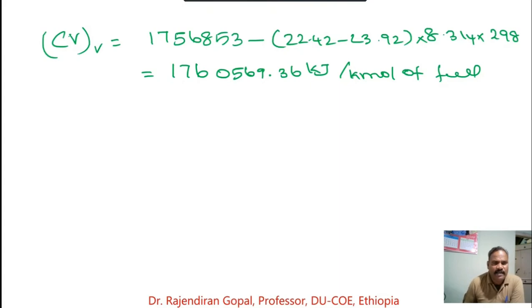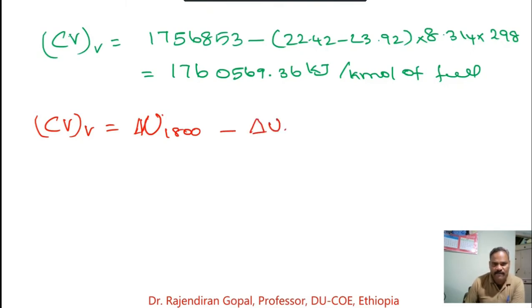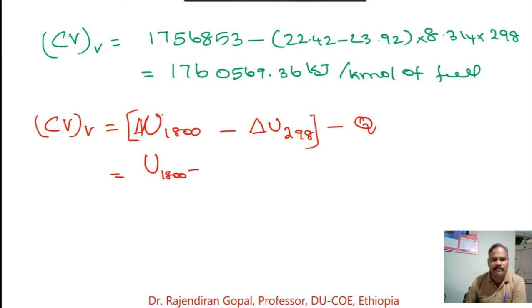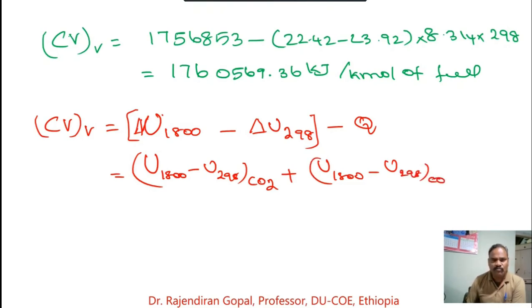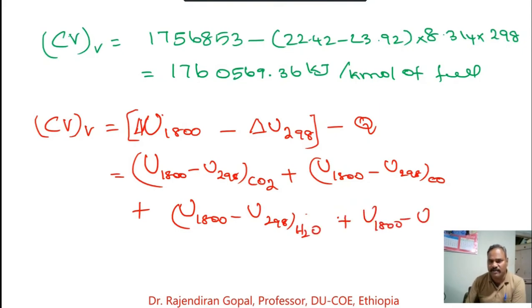Now we have to find out the heat of the reaction. That is, calorific value at constant volume is equal to the change in internal energy at 1800 minus the change in internal energy at 298, minus Q. Internal energy at 1800 minus internal energy at 298 of CO2, plus the same for CO, plus the same for H2O, plus the same for N2.